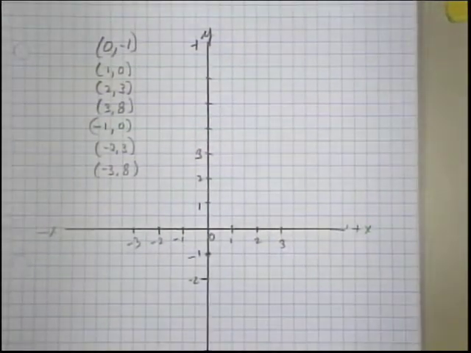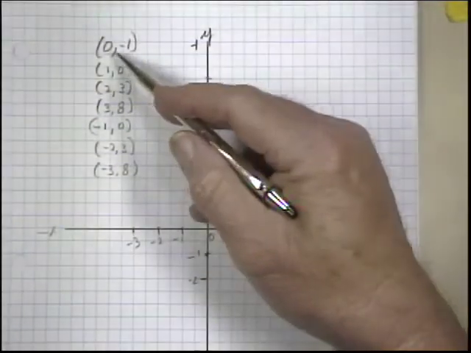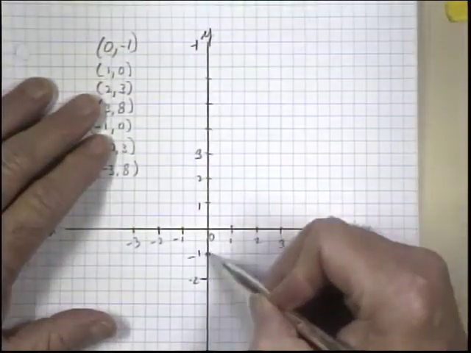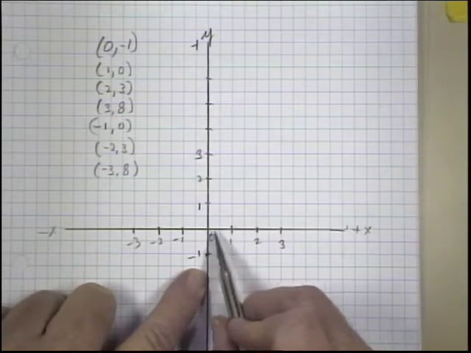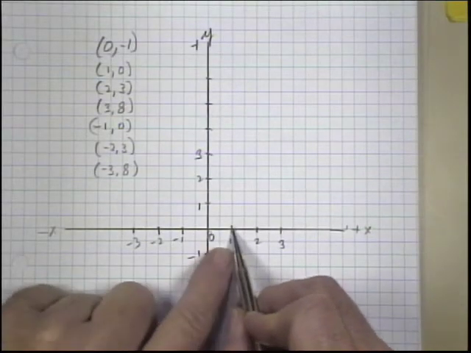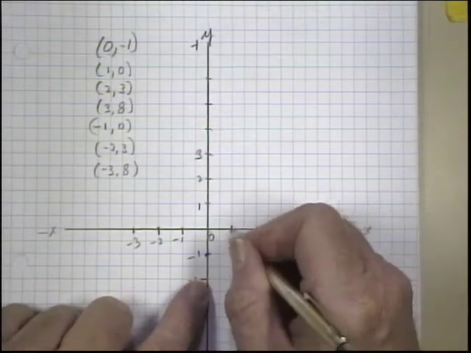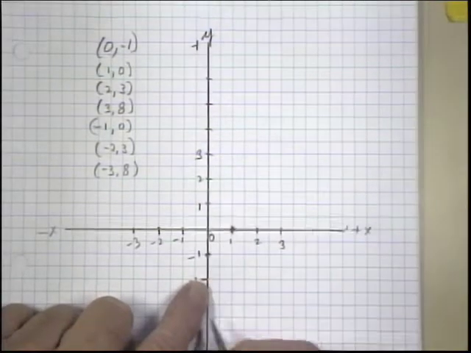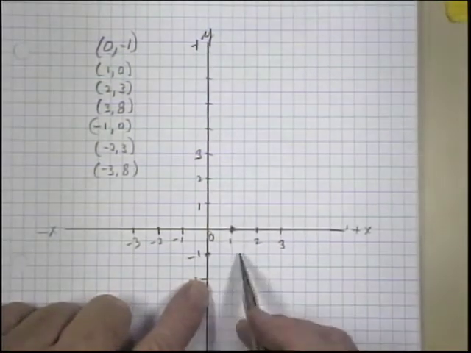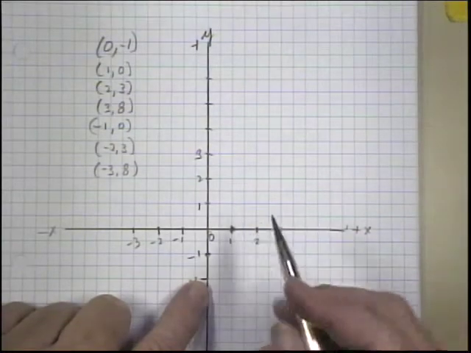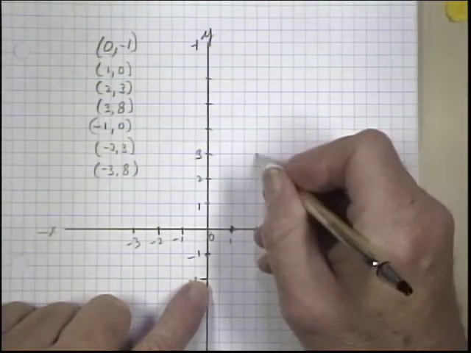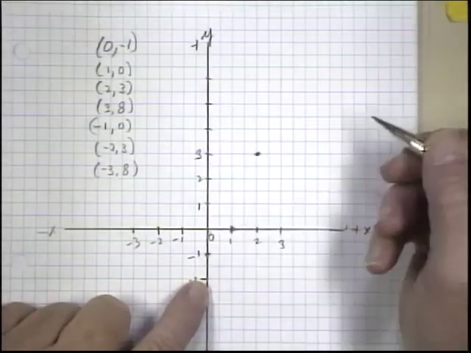All right? So, first one was 0, minus 1, which is right here. Second one, x equals 1. Here's x equals 1, positive 1. Y equals 0. This is that point. Next one is x equals 2. Y equals 3. 1, 2, 3 is right here.